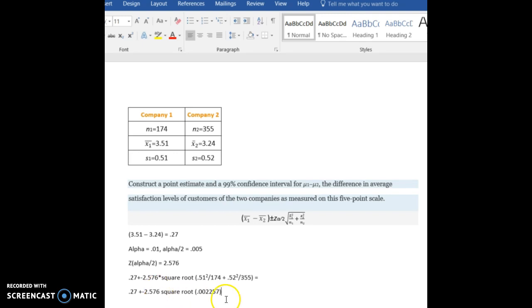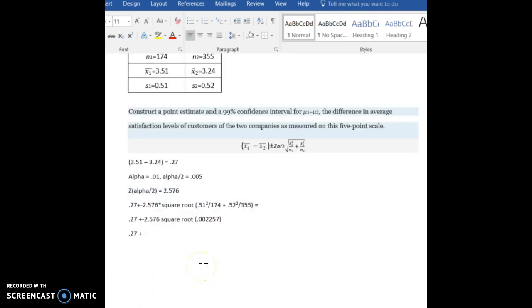Then I take the square root of that and multiply it times the 2.576. So that's going to give me 0.27 plus and minus 0.122380. I can round this off to 2 decimal places, since our original estimate is to 2 decimal places.